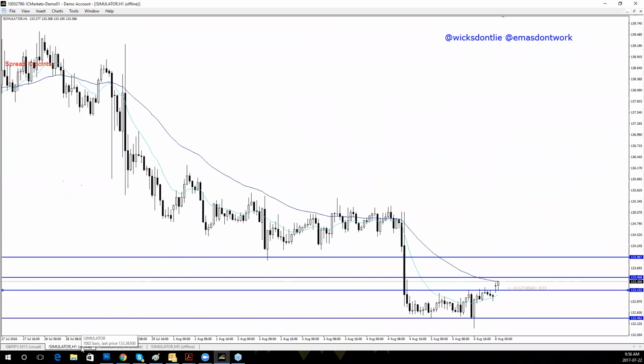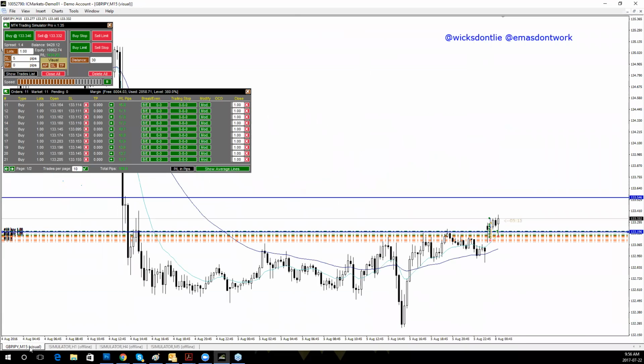The more touches a support or resistance level has, do you trust that level more? No. The more it touches support and resistance, the weaker it gets. There are no more orders left over there. Someone asked that question. Please repeat, as the voice broke up.